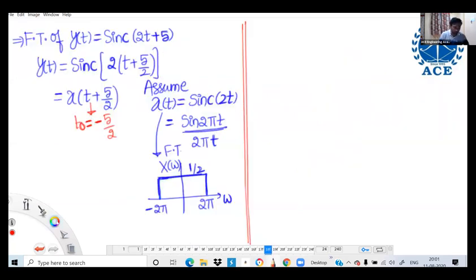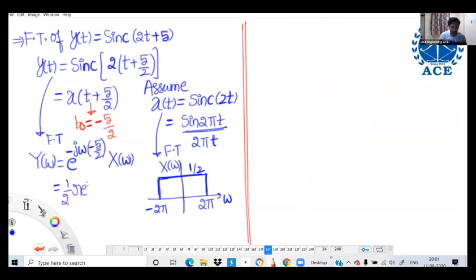When you apply the Fourier transform, y of omega equals e power minus j omega t naught into x of omega. t naught is minus 5 by 2. e power minus j omega t naught into, what is the mathematical expression of this rectangle? 1 by 2 rect omega by 4 pi.